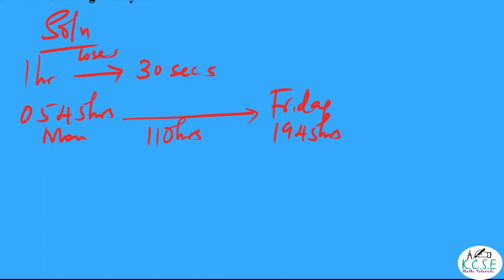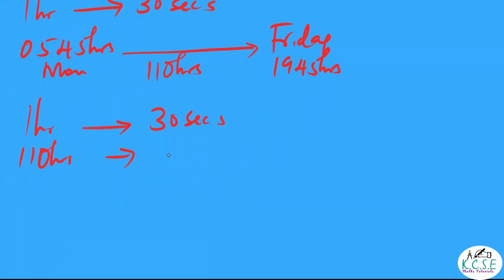So we need now to go to the calculation. If in 1 hour it loses 30 seconds, what about in 110 hours? So this will give 110 times 30 seconds, and first you're going to leave this the way it is because you're going to convert.